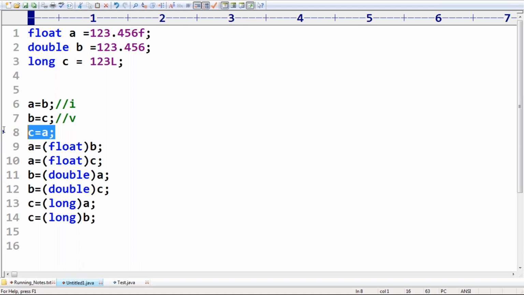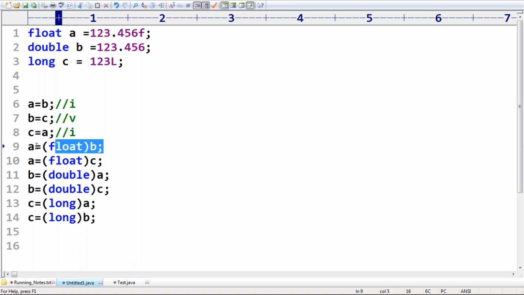Next, A is equal to C means float to long, possible or not possible? Invalid, because if you want to move, explicit typecasting must be required. It is a right to left conversion, remember.